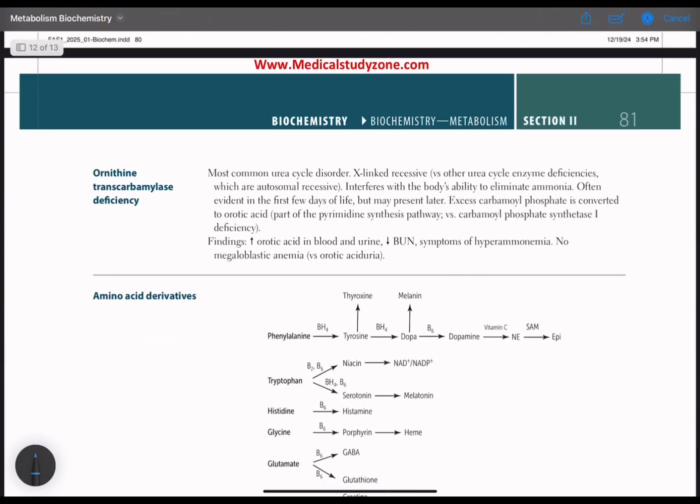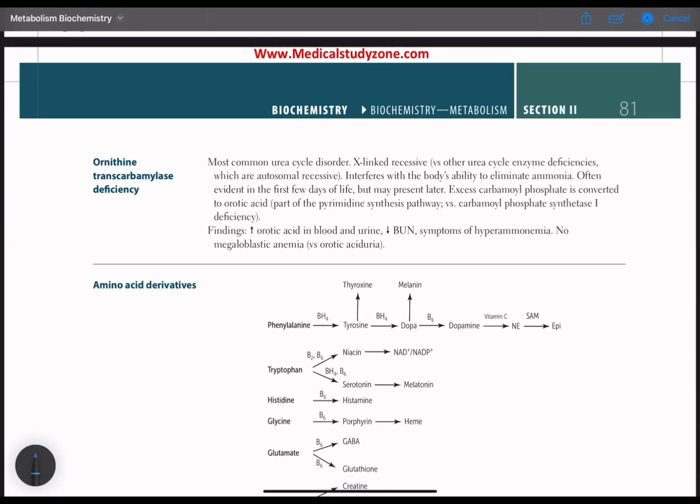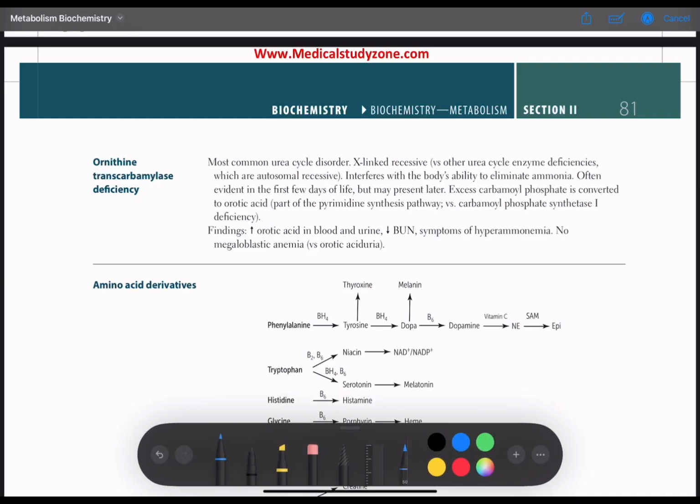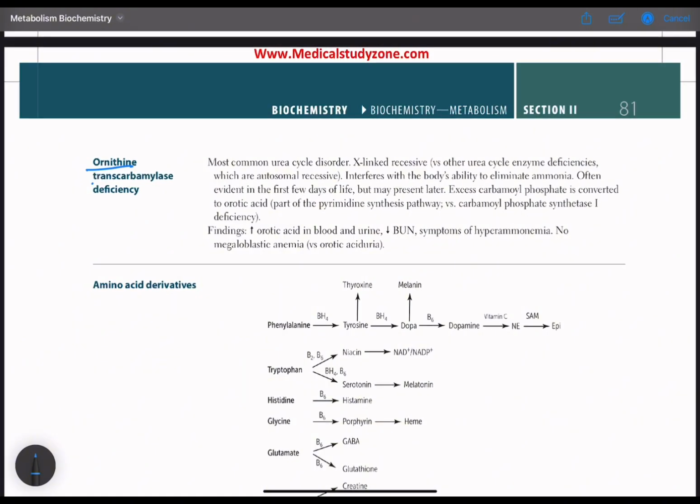Now let's review the most common urea cycle disorder, which is ornithine transcarbamylase deficiency. Ornithine transcarbamylase deficiency is the most common urea cycle disorder, as well as the only X-linked recessive one, meaning that it will affect mainly males.